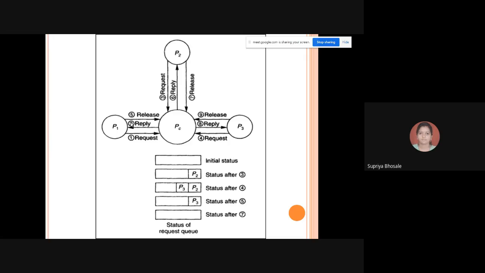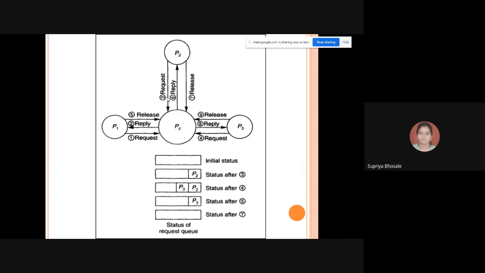Fine. Now suppose that while P1 is in critical section, at the same time here P2 will ask, here number 3 is given, so P2 will ask for permission to enter in the same critical section by sending the request message to PC.